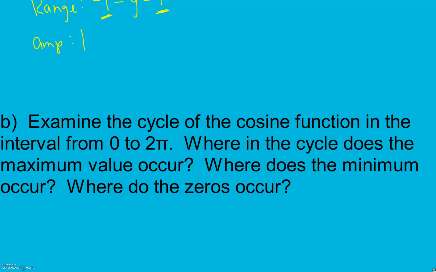So if we look, I'm going to just draw a real quick sketch here. It looks something kind of like this. 2 pi, -1, and 1. Maximum values are at 0 and 2 pi.